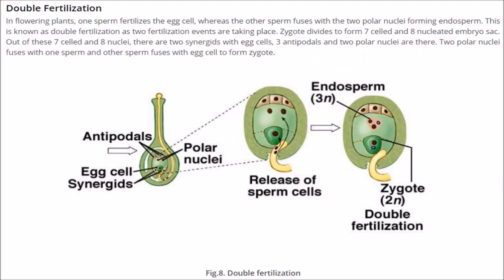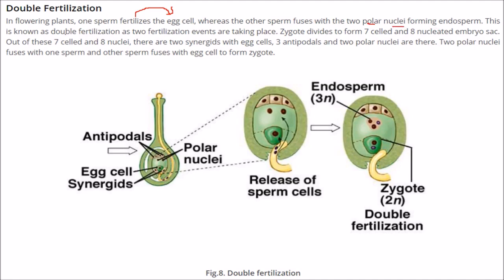Double fertilization. In flowering plants, one sperm fertilizes the egg, whereas the other sperm fuses with two polar nuclei forming the endosperm.